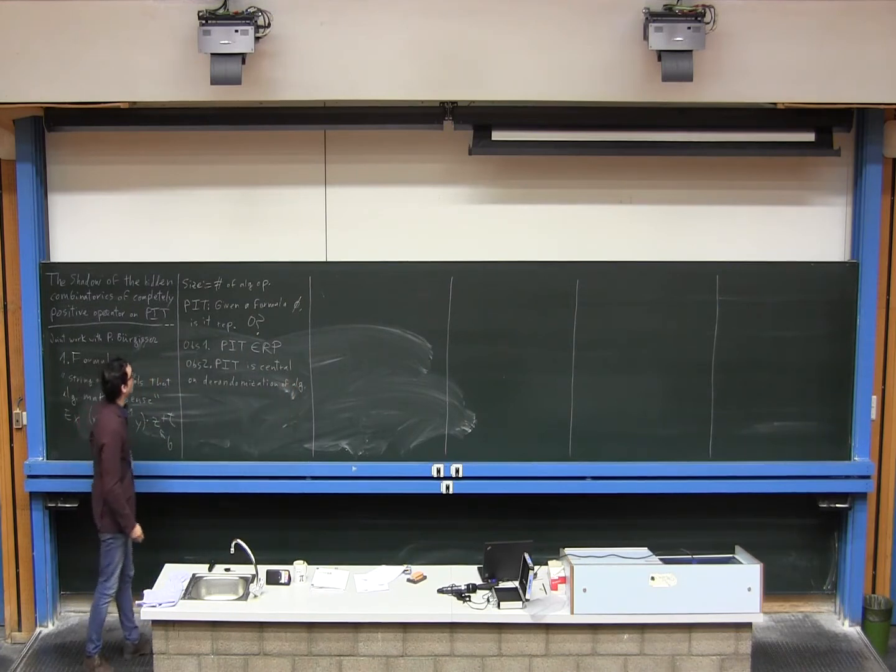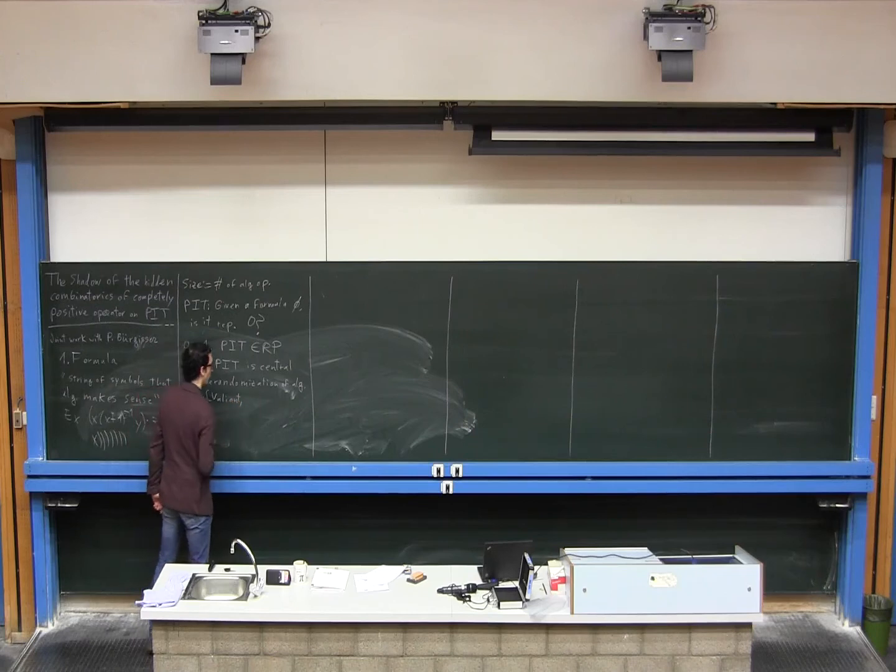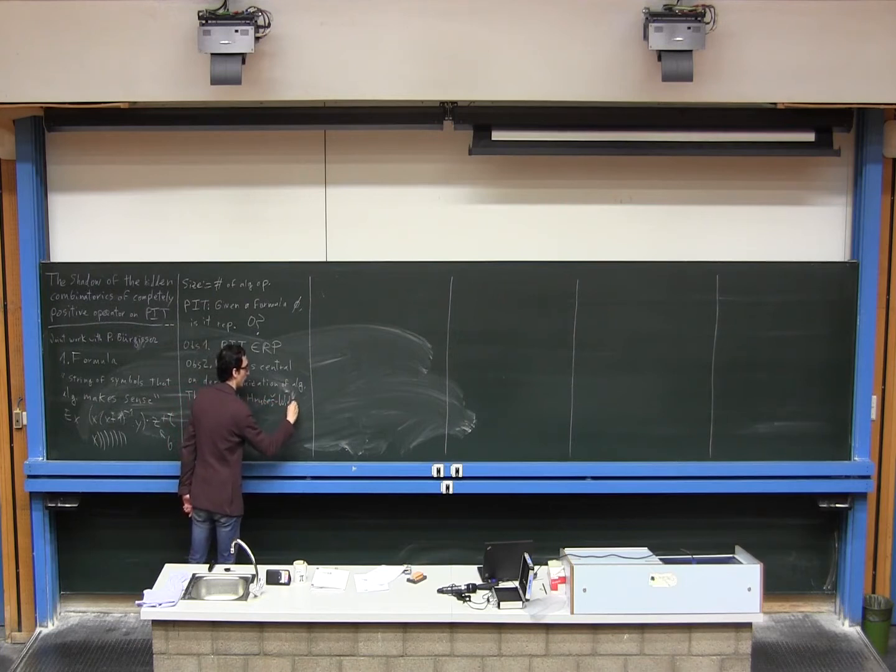Once we have this, there is a very classical theorem in algebraic complexity and other branches. Valiant, and then there is the version of Kabanets, Impagliazzo, and Bürgisser of 2015, I think.